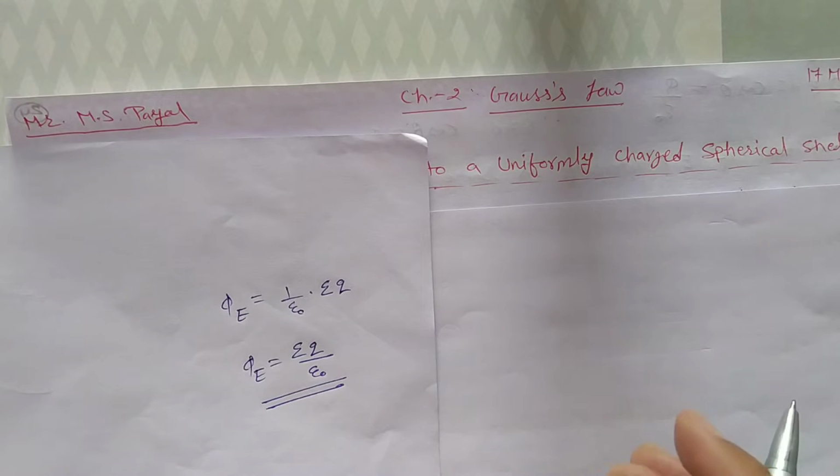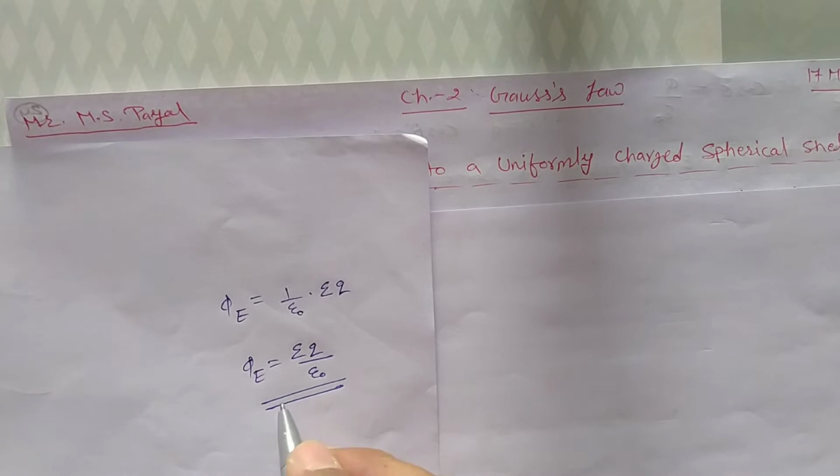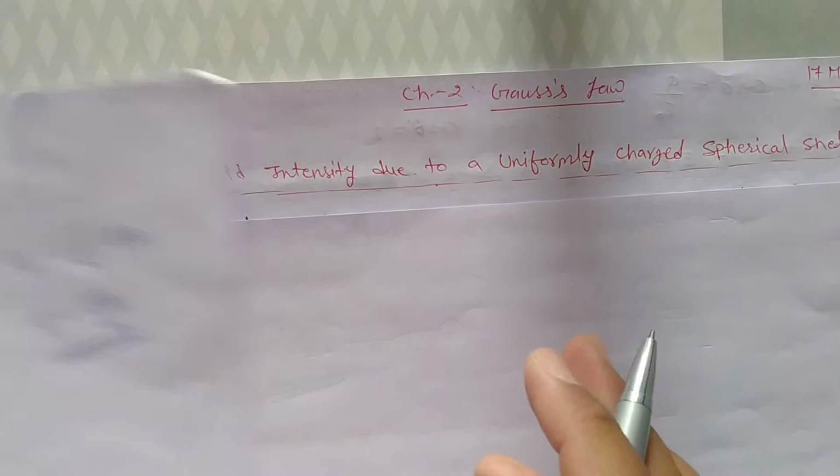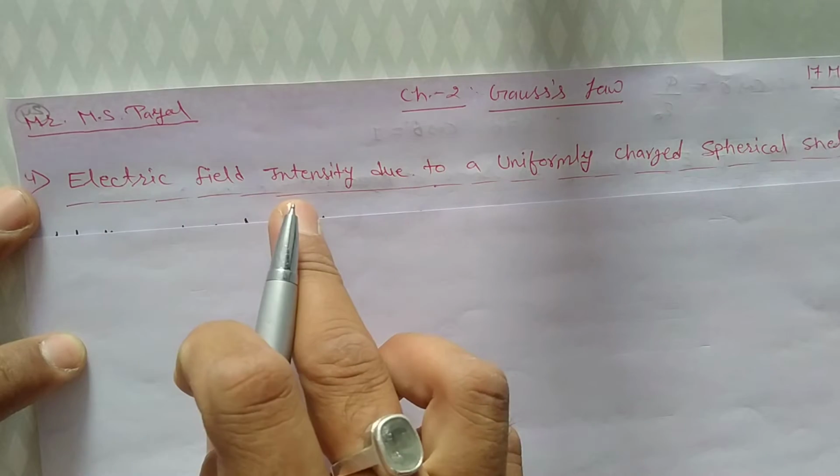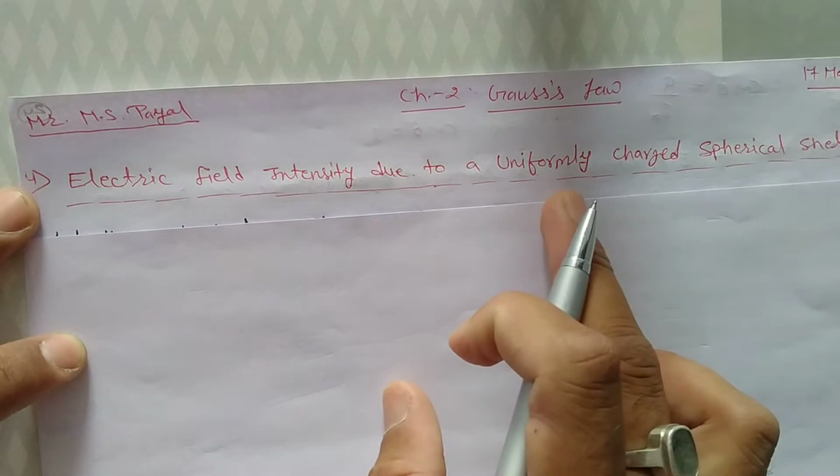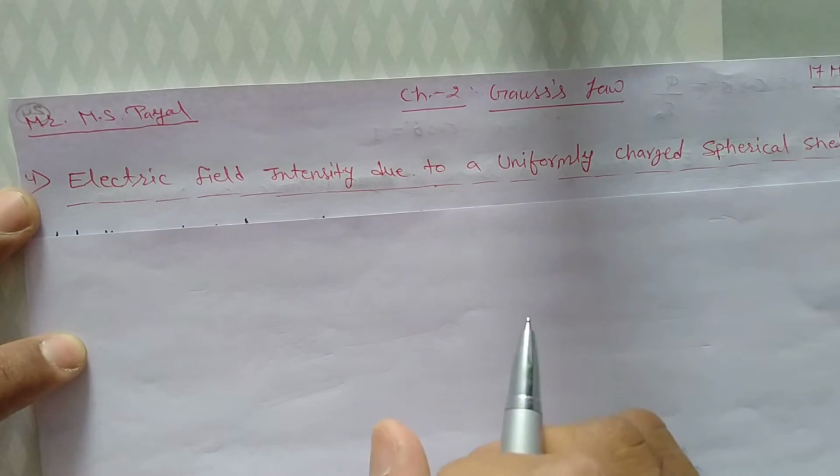This is known as Gauss's law. By this law, we derive the electric field intensity due to a uniformly charged spherical shell.